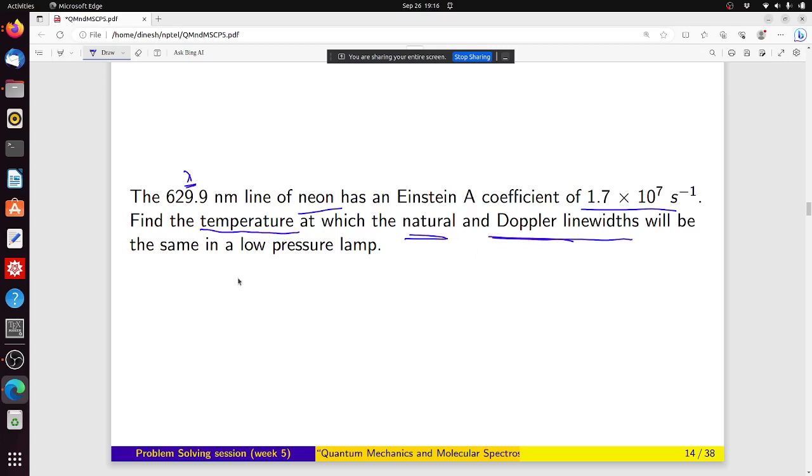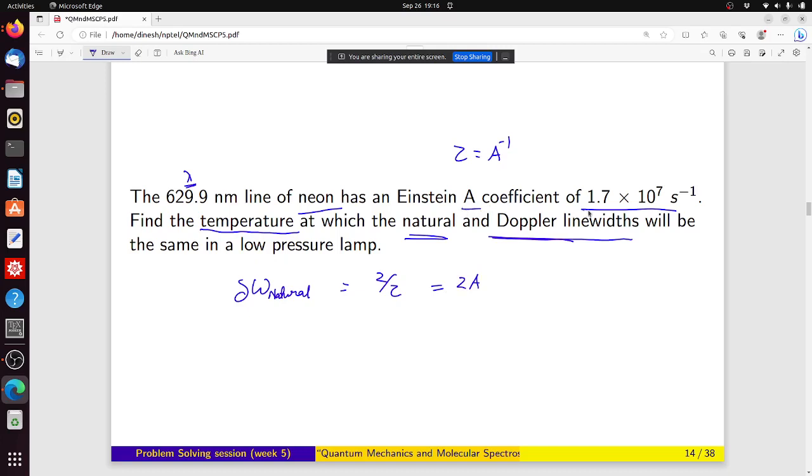Okay, so let me write down the natural line width first. Delta omega natural is 2 over tau, where tau is nothing but A inverse. So this is 2A.